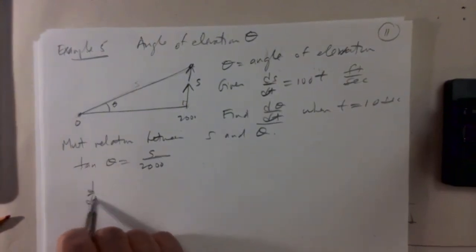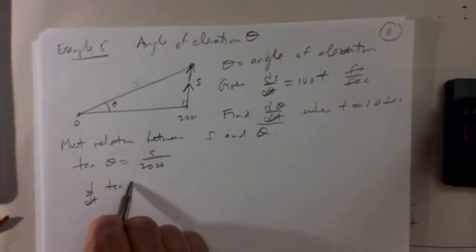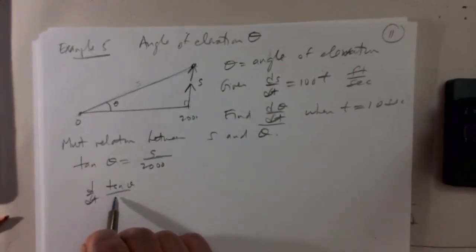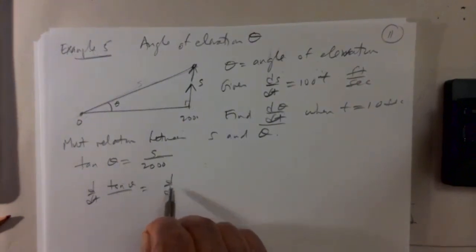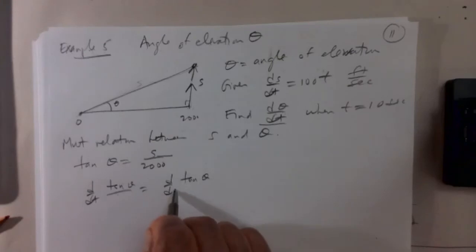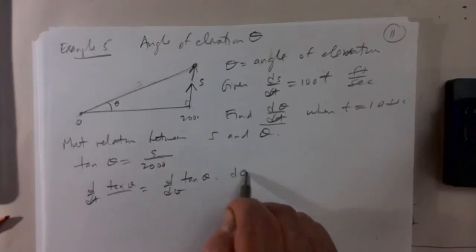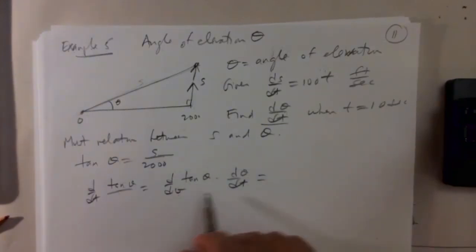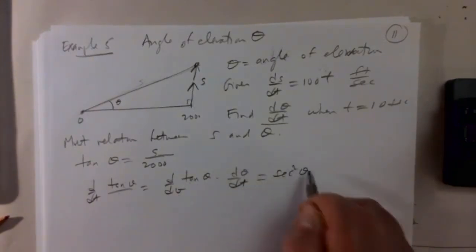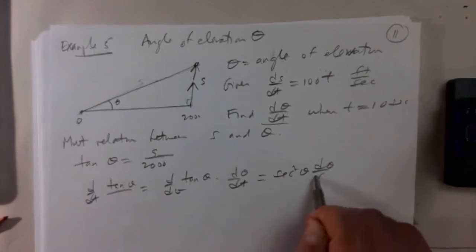So the derivative with respect to time of the tangent of theta is the derivative of tangent theta with respect to theta, times d theta/dt. And the derivative of the tangent is secant squared theta, times d theta/dt.